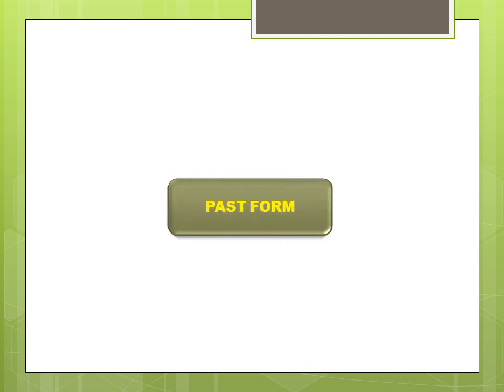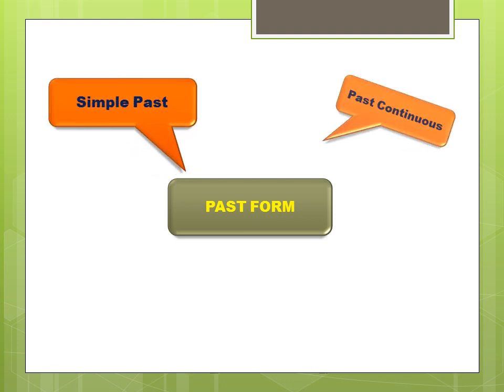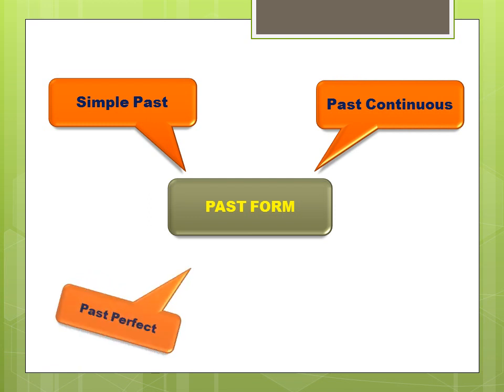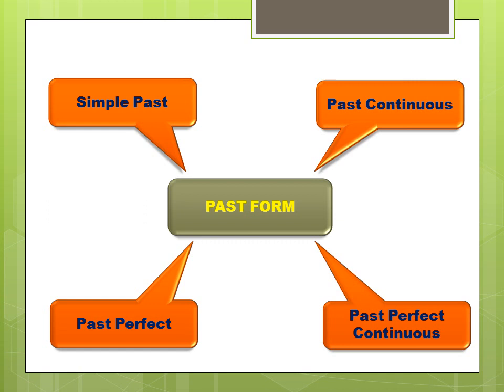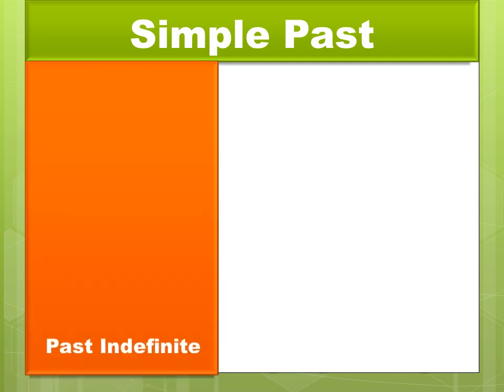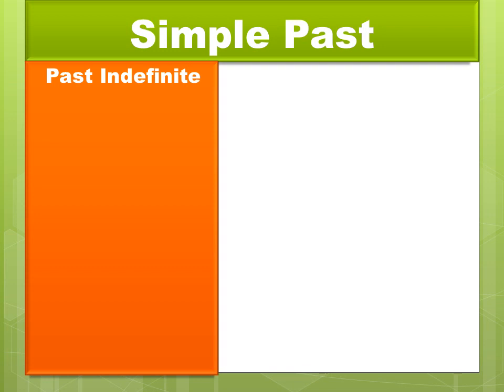Now let's look at the past form. Under past form we have simple past, past continuous, past perfect and past perfect continuous tense. The simple past, also called past indefinite, is a verb tense which is used to show that a completed action took place at a specific time in the past.